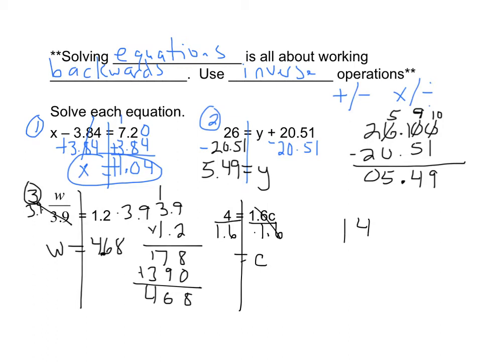So now I'm going to take 4 and divide it by 1 and 6/10. I have to move my decimal point over one spot, which means I have to move it over one spot here. This becomes a 40. 16 goes into 40 2 times, which would be 32. I'm going to subtract that and get 8. Add in another 0 placeholder. 16 goes into 80.